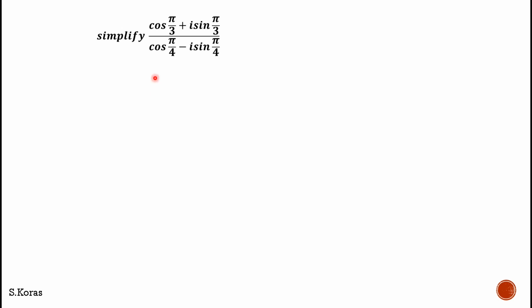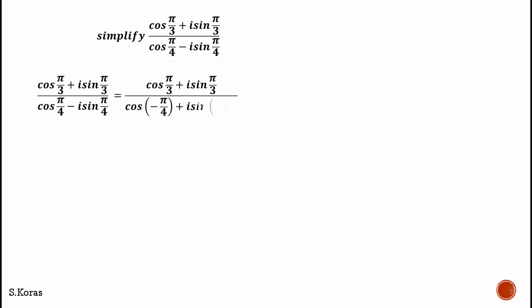That is, the real part should be cos, the imaginary part should be sin, and the term between them should be plus i. But here it is not so in the denominator. Real is in cos, imaginary is in sin, but this is minus i. So we should not keep minus i here. It should be plus i before applying that formula.